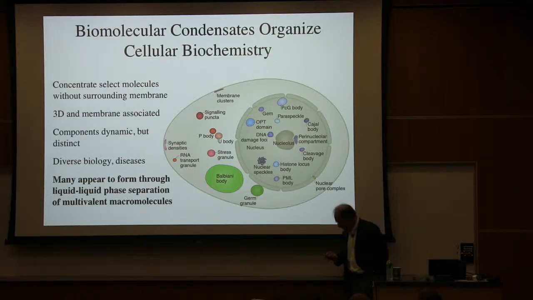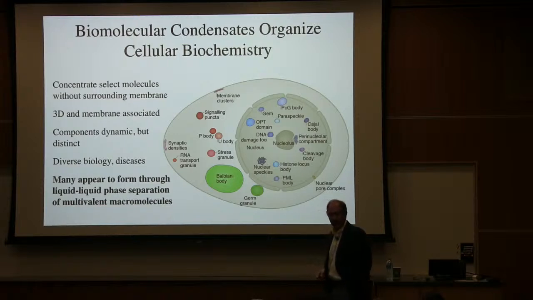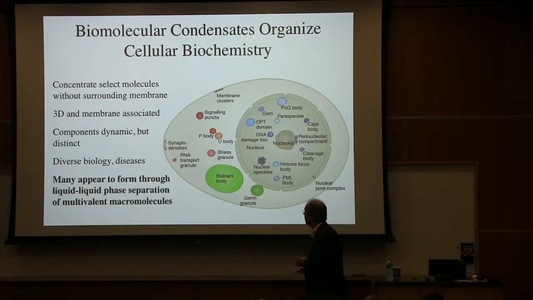So again, research in my lab has focused for about the last dozen years or so on these cellular compartments that we've taken to calling biomolecular condensates. Condensates, by definition, are compartments in cells that concentrate selected groups of molecules, both protein molecules, RNA molecules, probably small molecules.